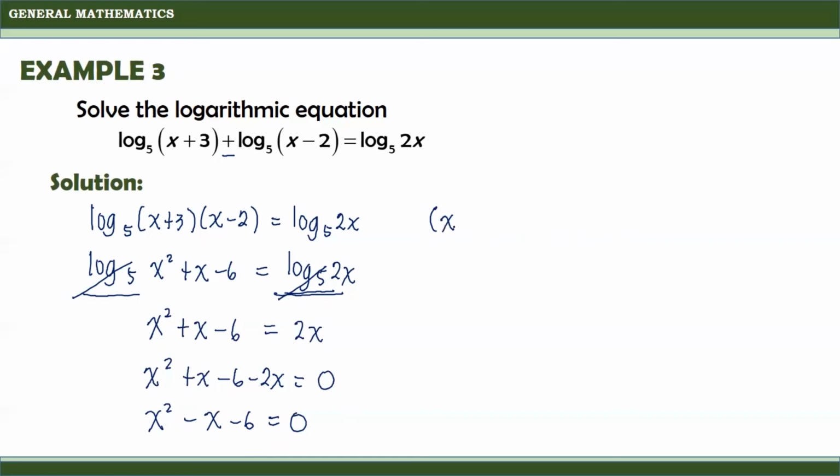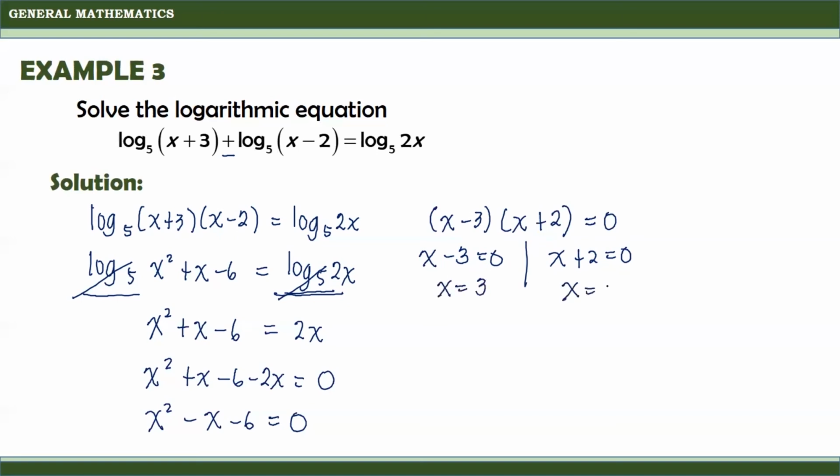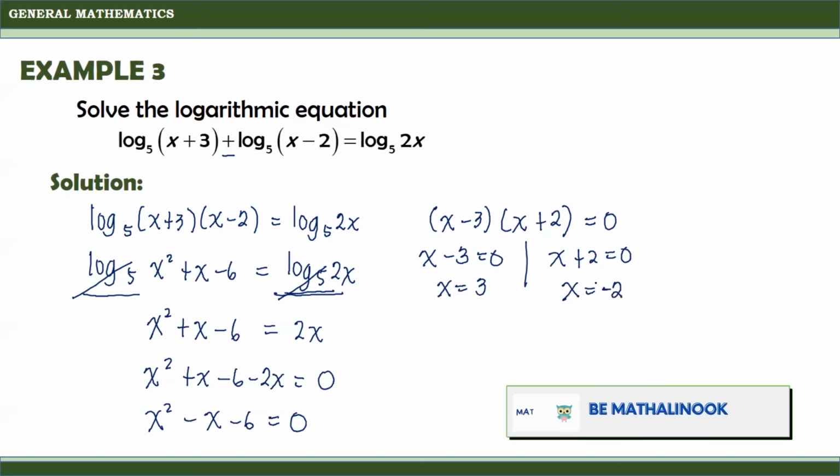Factoring x squared minus x minus 6 equals 0, we're going to have x minus 3 times x plus 2 equals 0. Equating both factors to 0, we're going to have x minus 3 equals 0 and x plus 2 equals 0. Hence, x here is equal to 3 and x here is equal to negative 2.